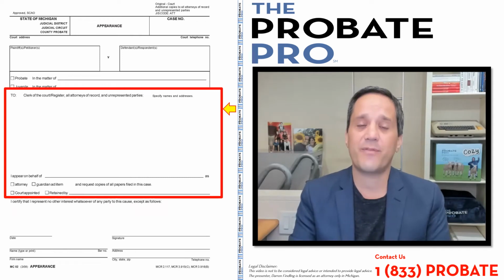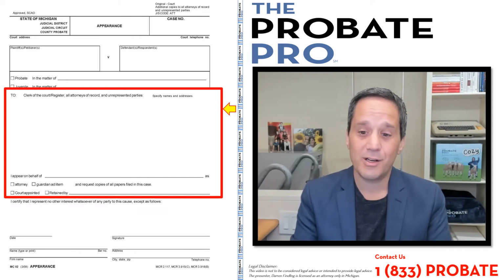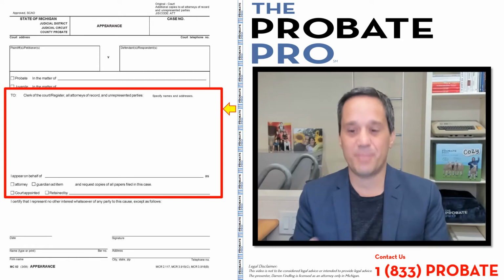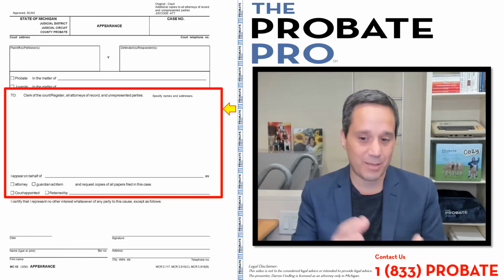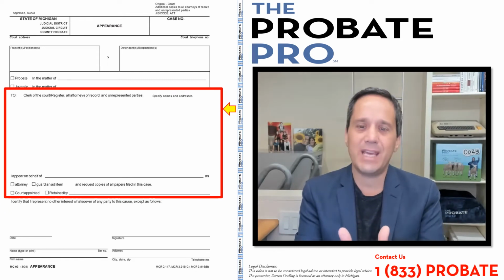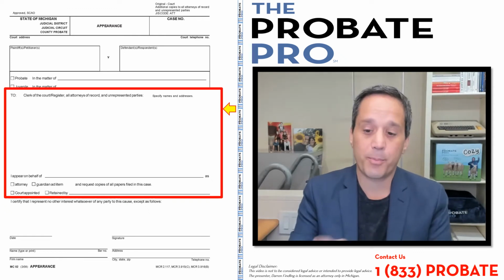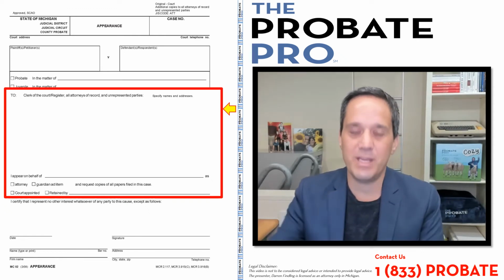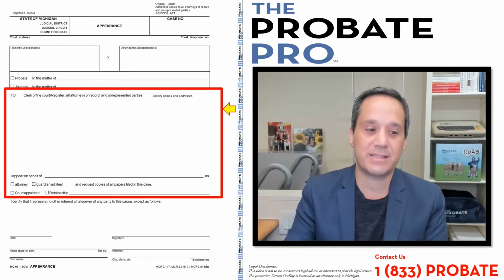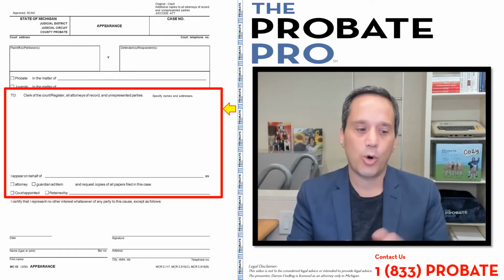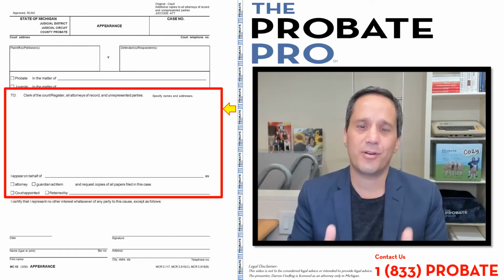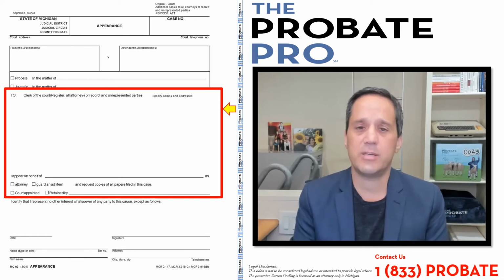Now again, it identifies, have you been court appointed or have you been retained by? And the idea here is if you get this document and you're looking at it, retained by means you're hired. The person hired you to be their lawyer, generally being compensated, but they're hired. Court appointed means that under the court rules or statute, there may be a basis for the attorney to be appointed.